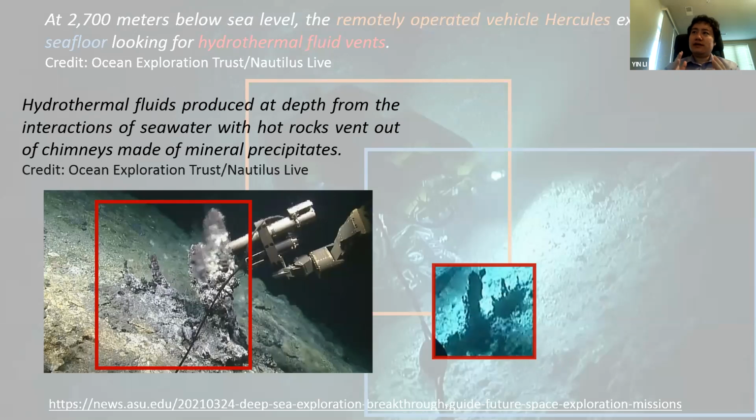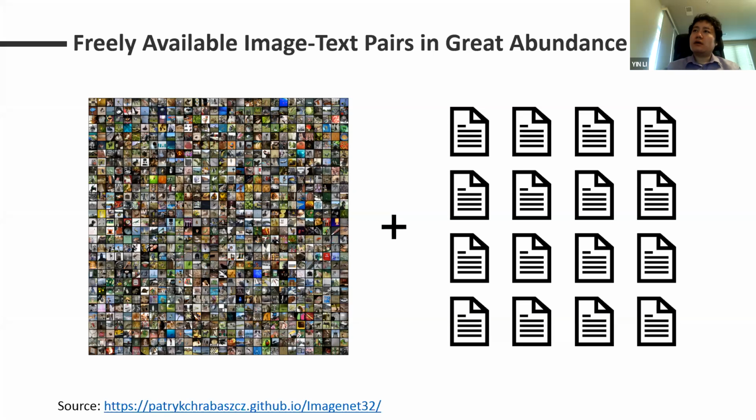I hope this example helps to convince you that we are today living in this internet age. There are tons of images over the internet that come with text descriptions. As a matter of fact, every 60 seconds, about 140,000 images are uploaded to Facebook, generating over 500,000 comments from its users.